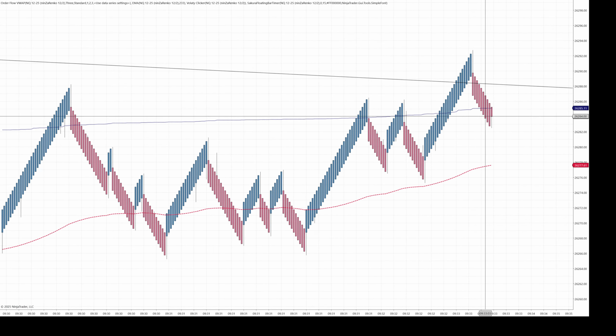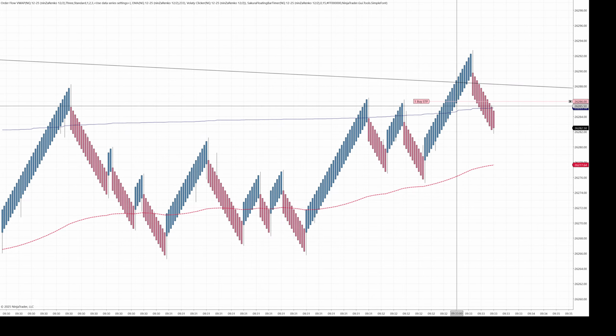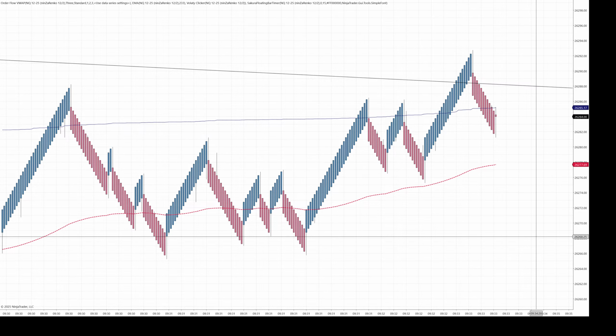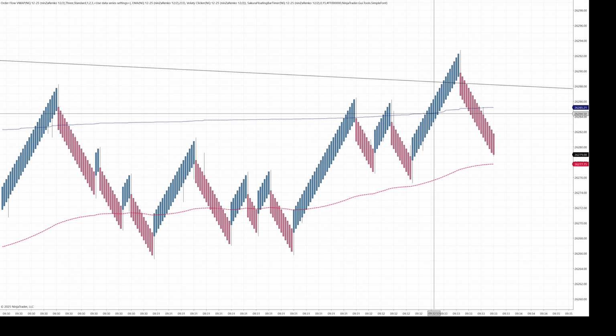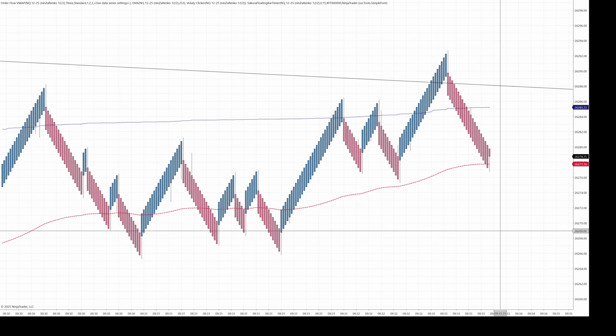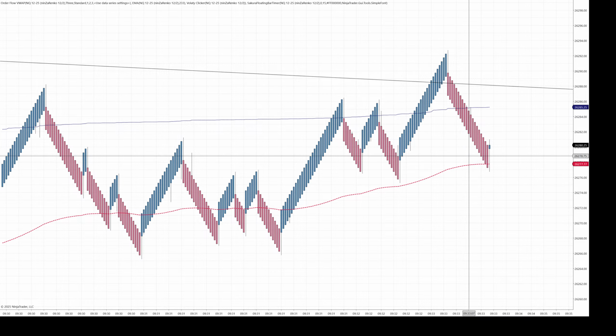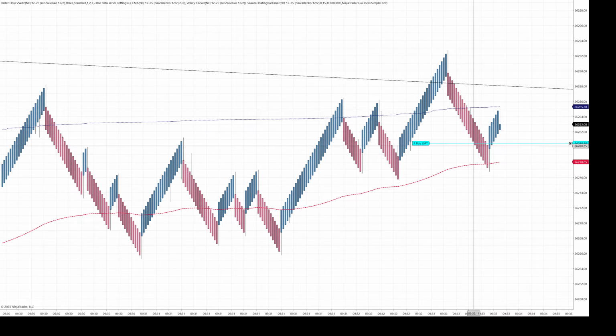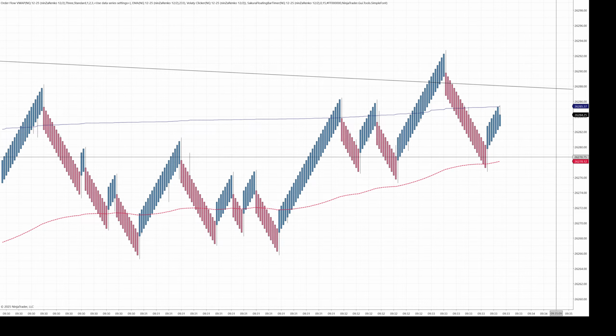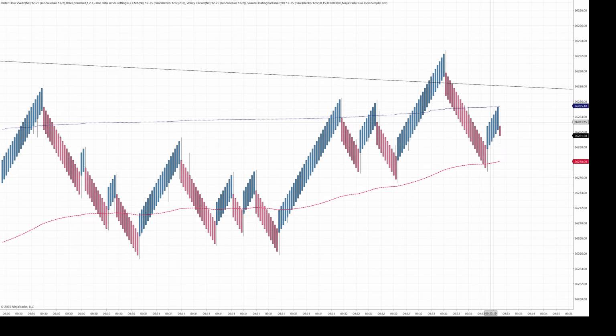I'm looking for a bounce back up here. We can get it. We can't, so I'm going to cancel it. I missed it again, but that's okay. There's not enough room for it anyway for the 8 points, so this would not have been a good entry to take because we have standard deviation right there.